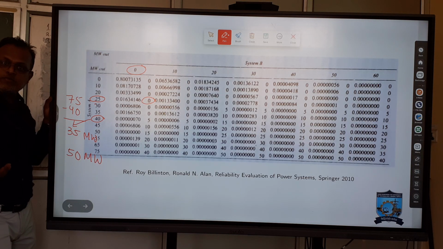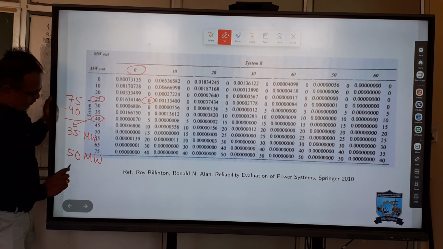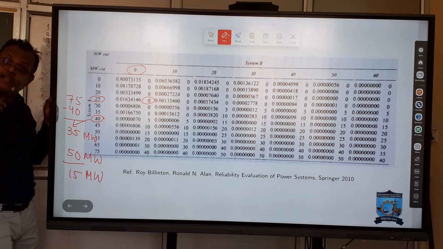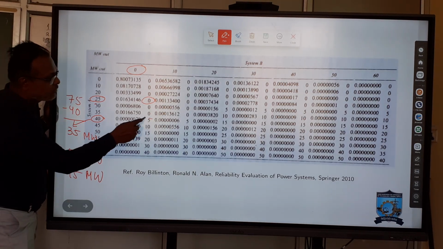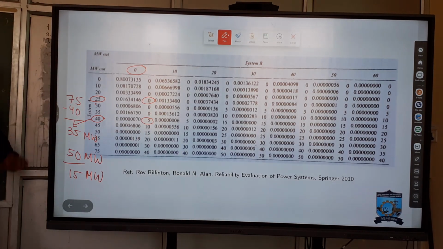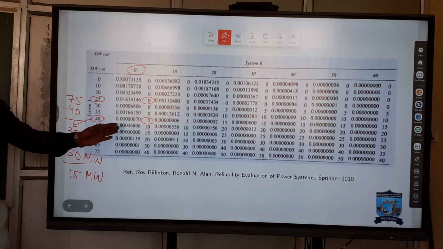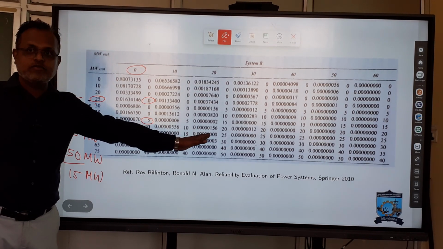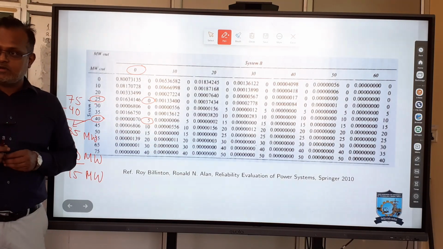How much can you get maximum through the tie line? 10. So requirement was 50 megawatt, but you can get only 10 from the second. Therefore, loss of load is 5. So this is the loss of load and the corresponding probability in the simultaneous outage table.